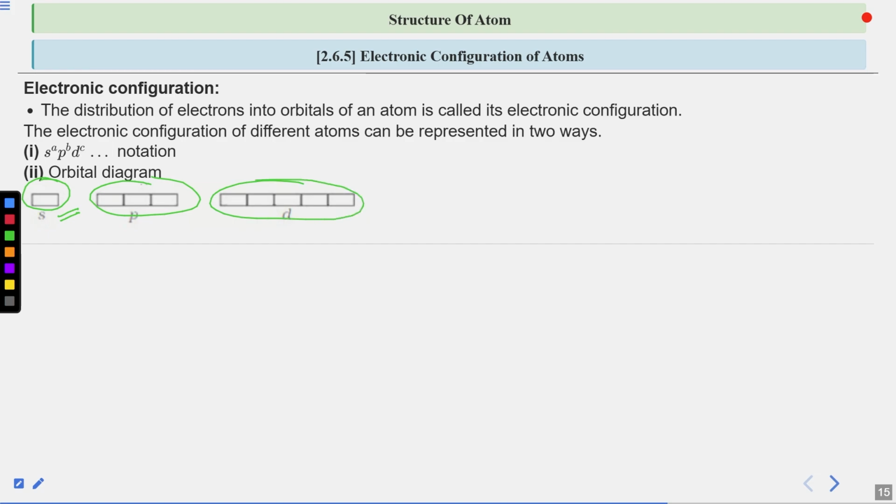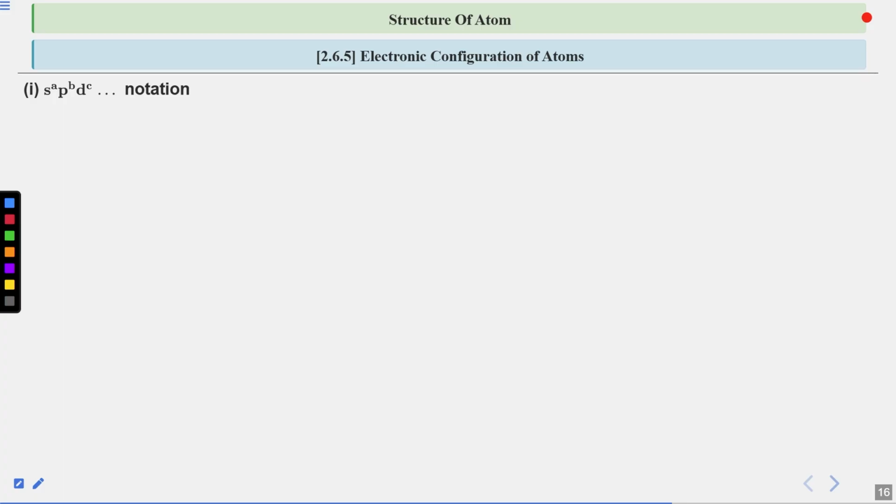Now let us take an example of elements to understand this part. Suppose we are taking the spdf notation, then for hydrogen, the electronic configuration would look like this: 1s1. For helium, it will be 1s2.